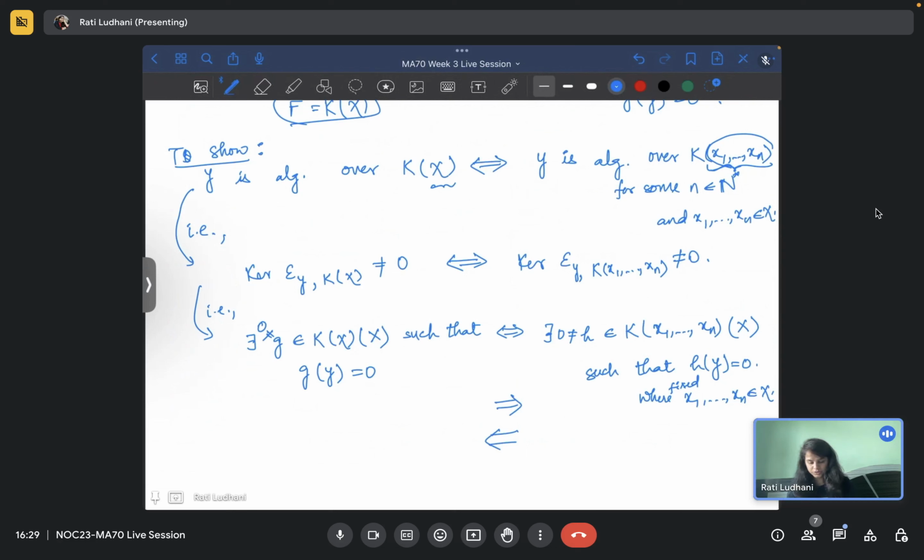What does this mean? You have this equation: there exists some g belongs to k chi x such that g of y is equal to 0. Trivial means you should be able to just say it from this information itself.